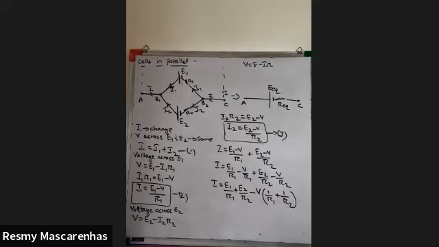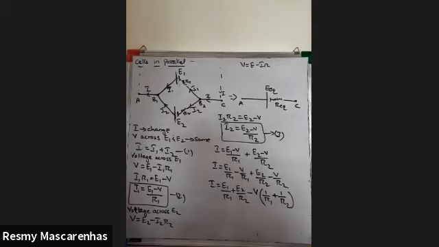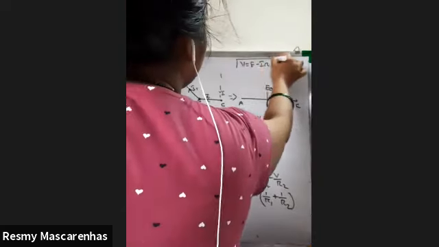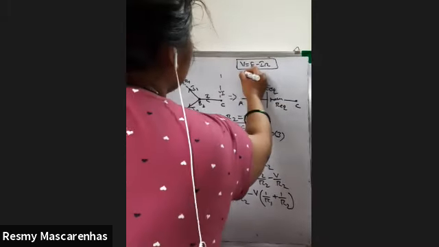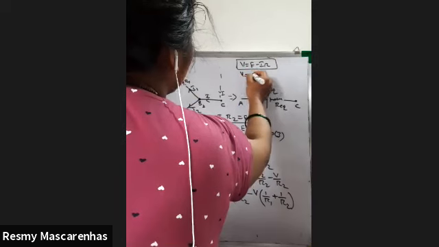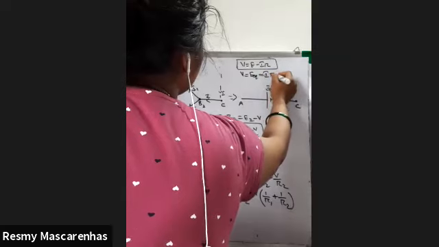Have to rub the board in between. Okay. Now basically we want the equation in this form, because we want something like V is equal to E equivalent minus I R equivalent.